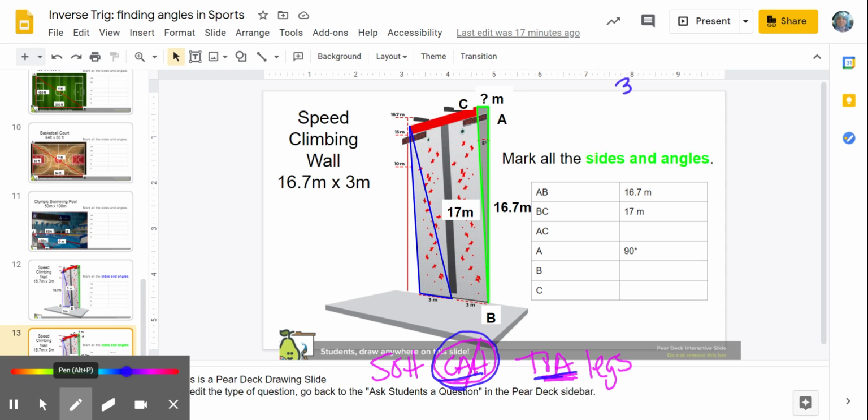So we know the 16.7 and we know the 17. How do we find AC? We are definitely finding the side because we know angle A up here is our right angle.